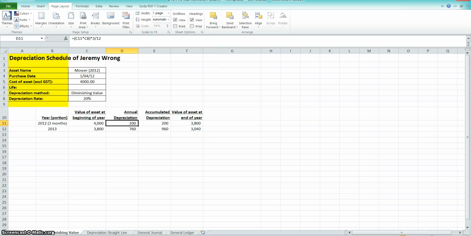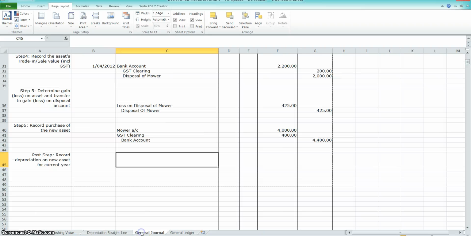So if you remember when we did that in the diminishing value tab, what we've got in here is our $4,000 asset, diminishing value at a rate of 20%, and then we adjusted that formula, so 20% times by 4,000, and then we multiplied it by the 3/12 months. So you've already calculated that amount, $200. It's just a matter of putting in the journal and recording it in the ledger.